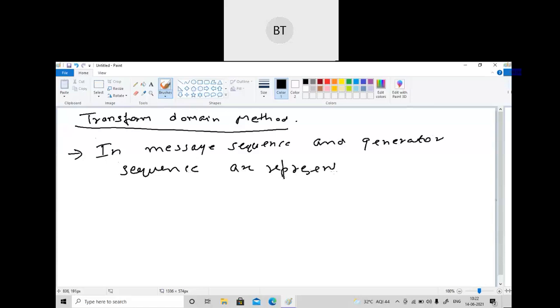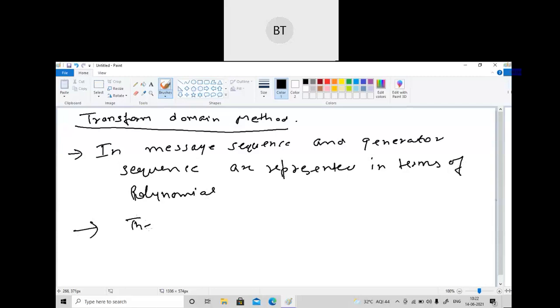We have already seen in block codes and in cyclic codes how to write in terms of polynomials. Lastly, we just have to multiply the message polynomial and the generator polynomial to find the code word.